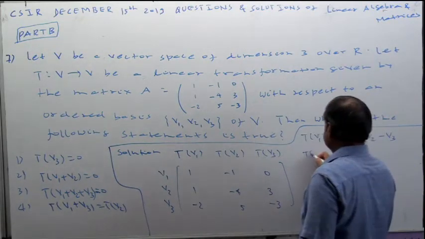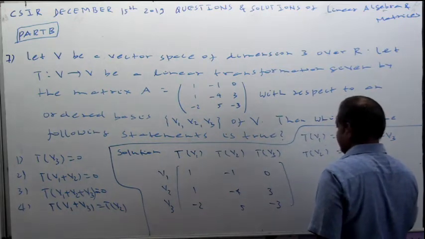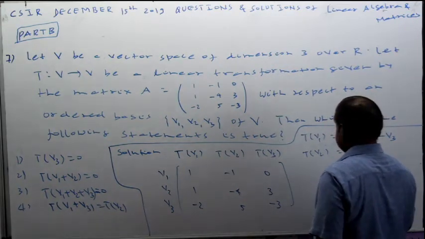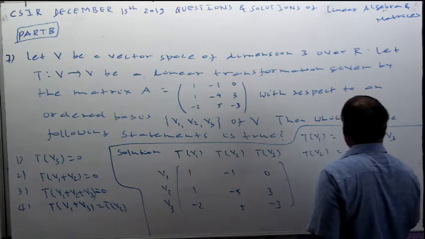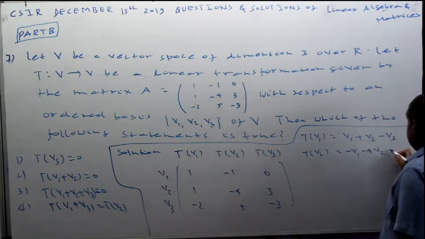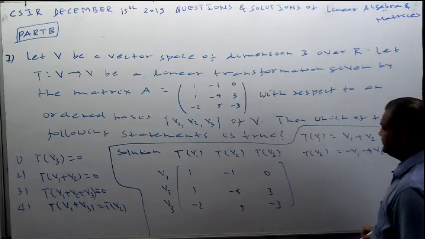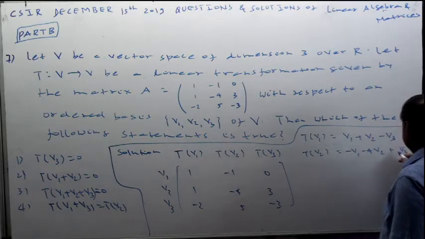T V2 is minus V1 minus 4 V2 plus 5 V3. No trouble.